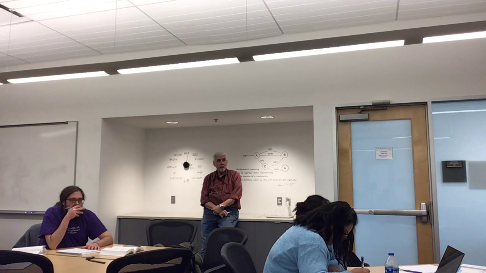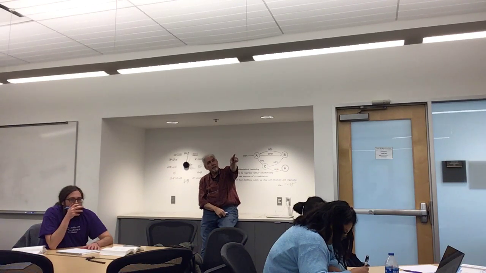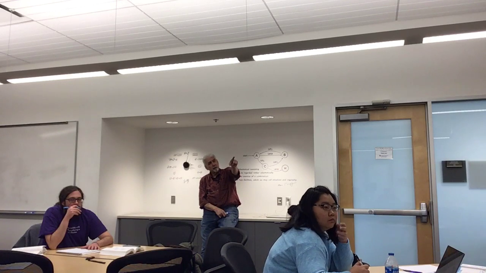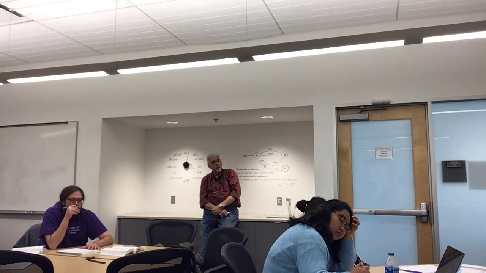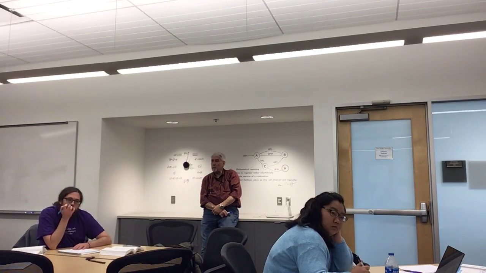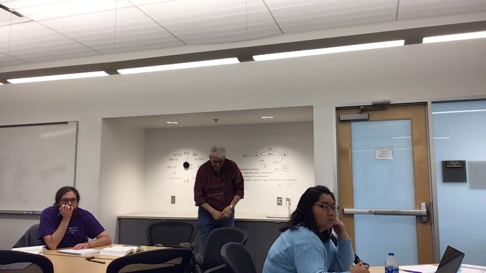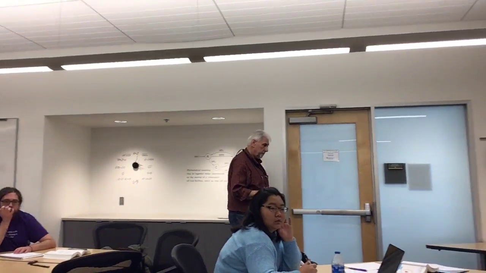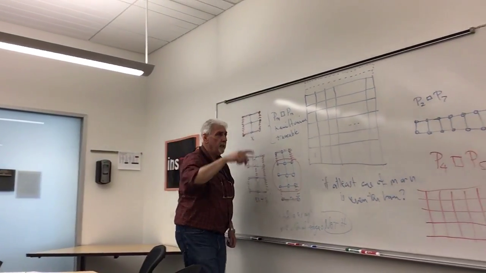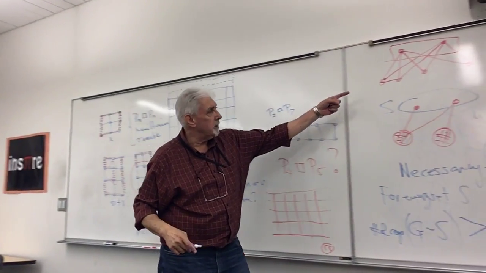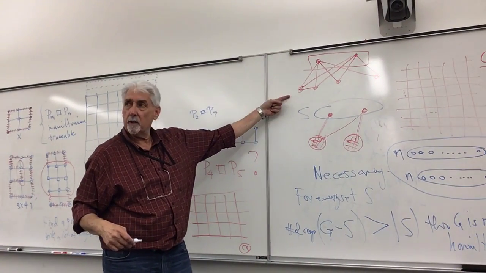And now I'm going to use, wait a second, what was that graph that I put up at the start? I have a rectangle around two vertices. When I remove those two vertices, how many pieces do I have? Three.